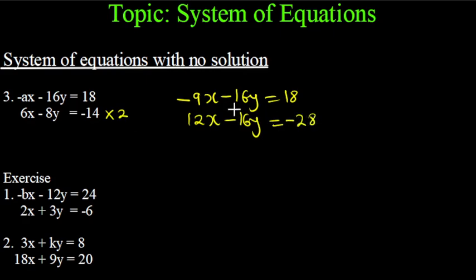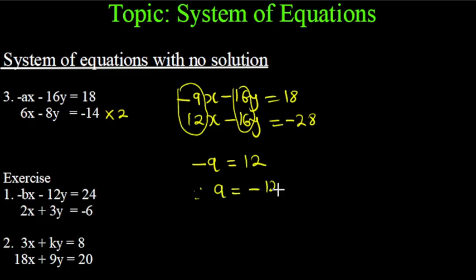So since this is equal to this, then this must be equal to this. So we have negative a is equal to 12. Therefore, a is equal to negative 12. Okay, so a is equal to negative 12.